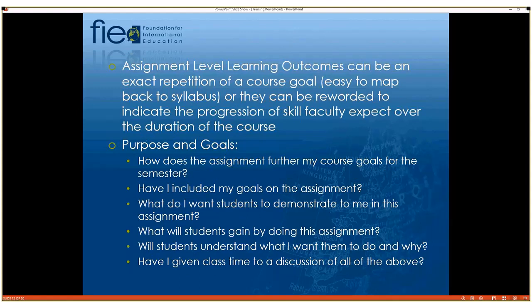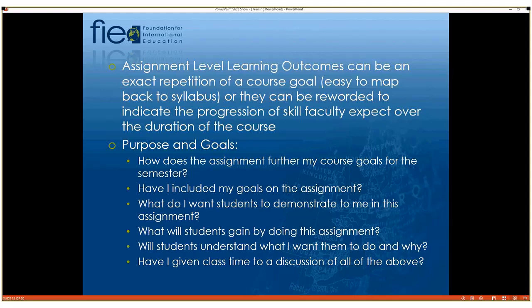Assignment-level learning outcomes can be an exact repetition of a course-level learning outcome, which is easier to map back to the syllabus, or they can be worded to indicate the progression of skills the faculty member expects over the duration of the course. Questions for faculty to ask themselves. How does this assignment further my course goals for the semester?